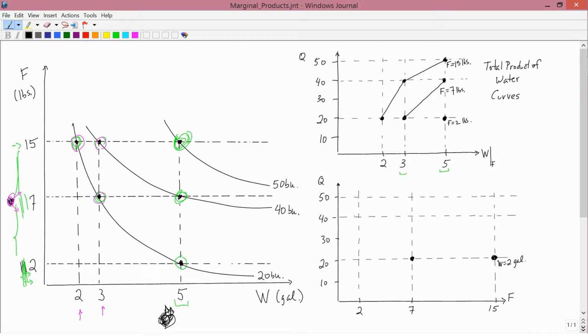And the second one says that at 15 pounds of fertilizer, you can produce 40 bushels of corn. So 15 pounds of fertilizer, 40 bushels of corn. So that's this relationship. And that's what happens when water is fixed at 3 gallons.